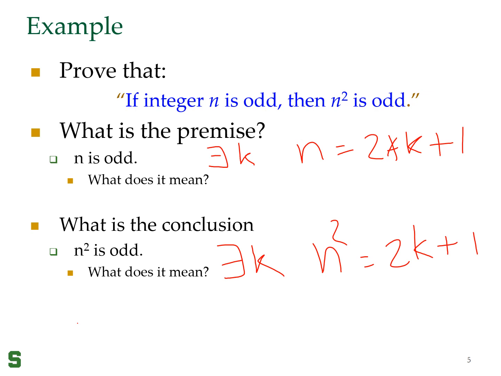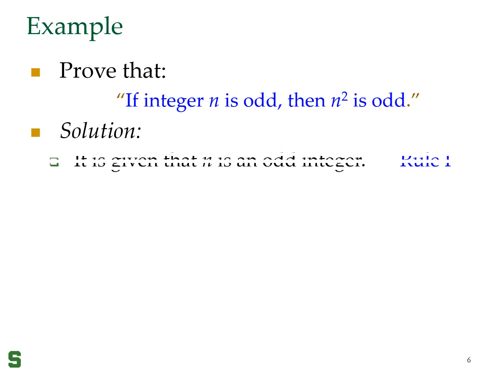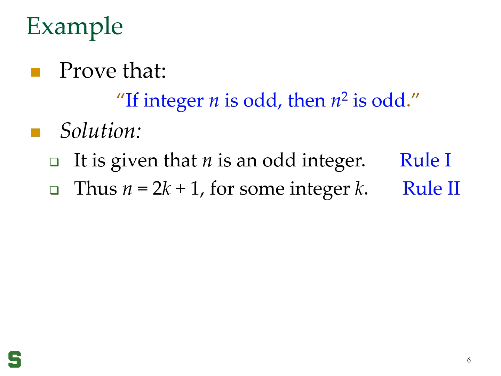But now we have our premise, we have our conclusion, we can write the corresponding proof. Let's look at that. So we are given an integer n that is odd. This is something I can write by rule 1. I can write the meaning of odd as there exists a k such that n is equal to 2k plus 1.